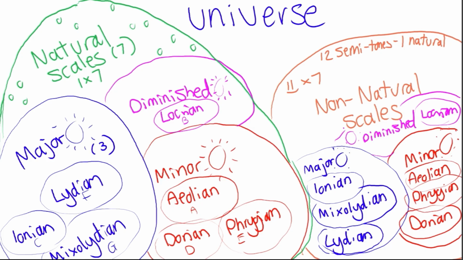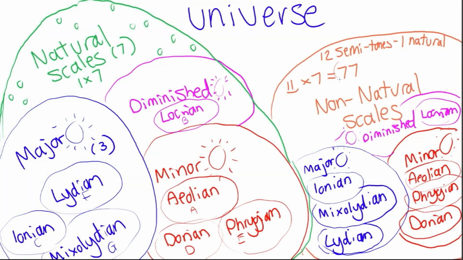So if we've got 12 semitones, let's say the Ionian, so we've got 12 Ionian scales, we've only got one natural, which happens to be the C natural scale. So that means 12 take away 1 for every 7 of those modes. So that means we've got 77 planets, or 77 non-natural scales in this case.